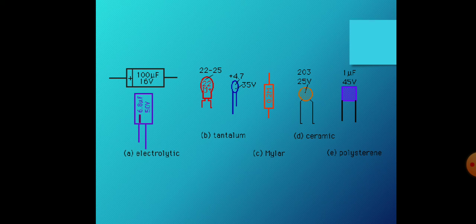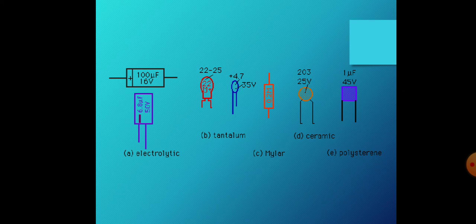Okay, so here we have an example of different capacitors. Letter A is electrolytic, B tantalum, C mylar, D ceramic, and polyester film capacitors. In the electrolytic, the black is the axial type and the blue is the radial type.